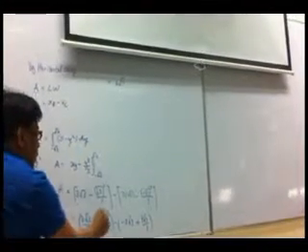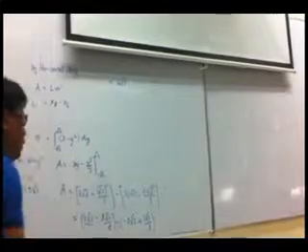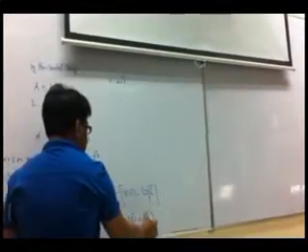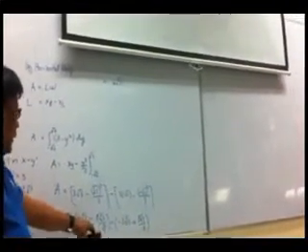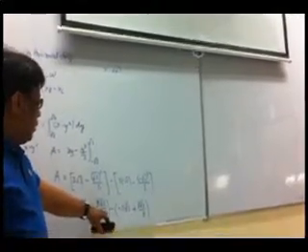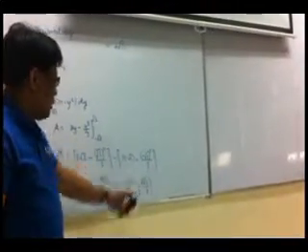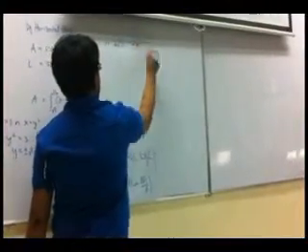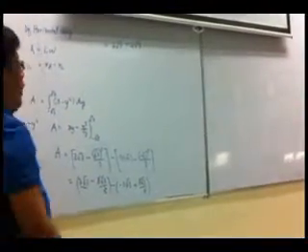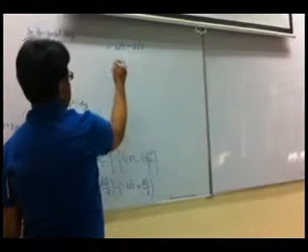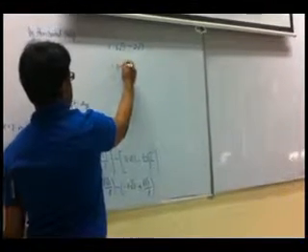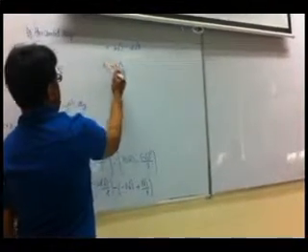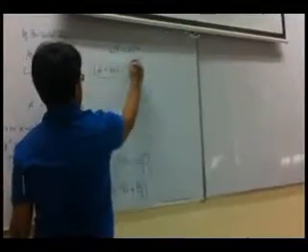What about this? This will be cancelled. This also will cancel. So what is negative square root of 3 minus square root of 3? That will give you negative 2 square root of 3. And what is 6 square root of 3 minus 2 square root of 3? That will give you 4 square root of 3. So this is then the area, in square units.